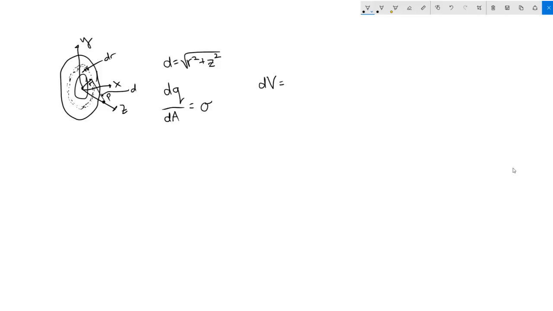Each piece, if you take an even smaller slice, just a little piece right there, contributes some dV that is k dq over r. And if you add up all of those little pieces in this particular ring, they will all add up to be the same thing, k dq over r, where in this case it'll be dq of the whole piece.